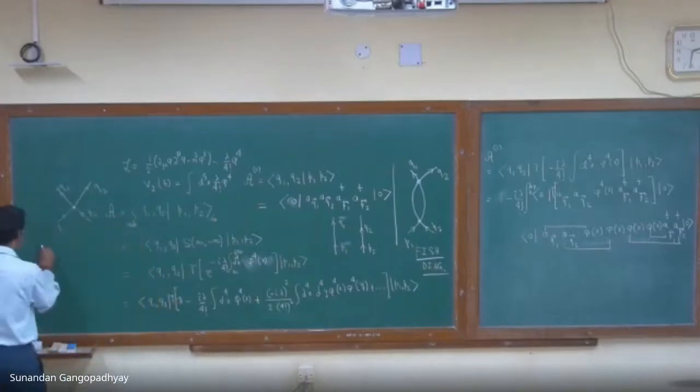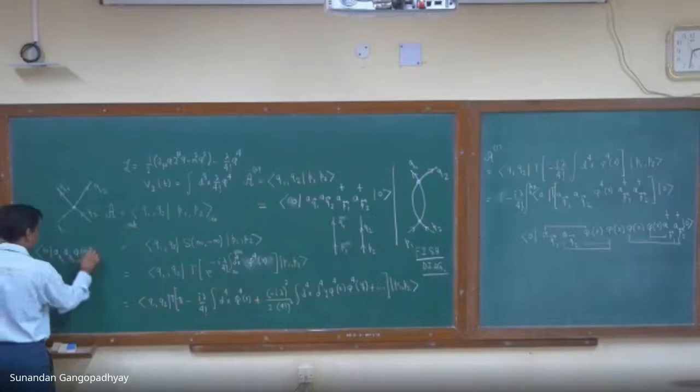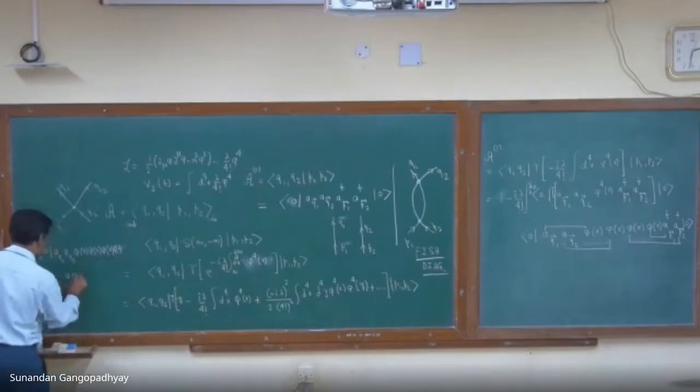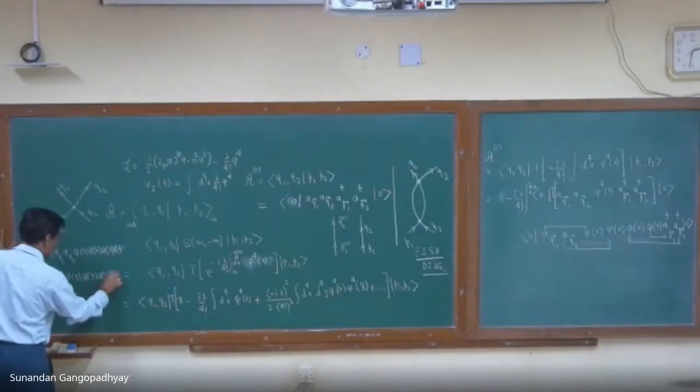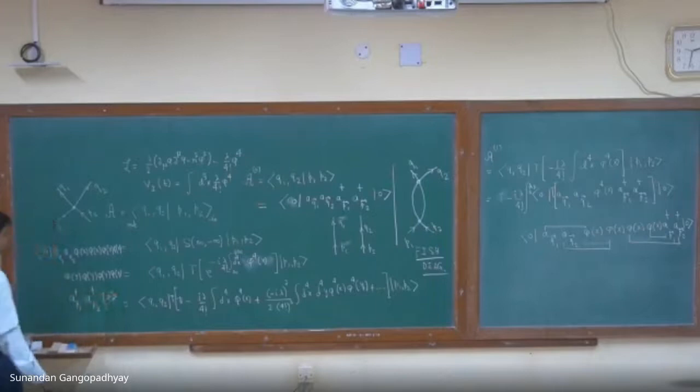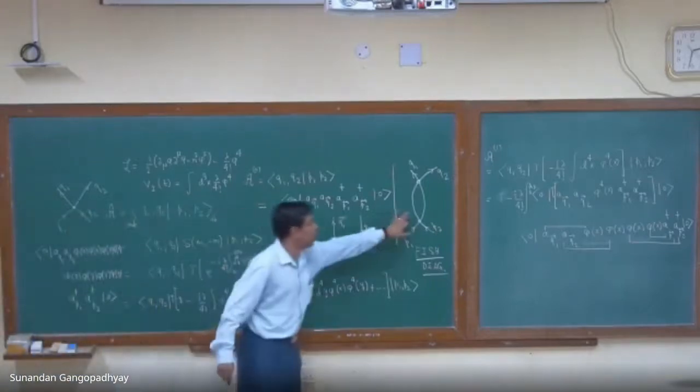So it will be something like this: a(q1), a(q2), phi(x), phi(x), phi(x), phi(x). Then you will have phi(y), phi(y), phi(y), phi(y), so 4 phi(y)'s, and then you will have a dagger(p1), a dagger(p2), and it is obviously time ordered. Now you can immediately see how you can get such a diagram.